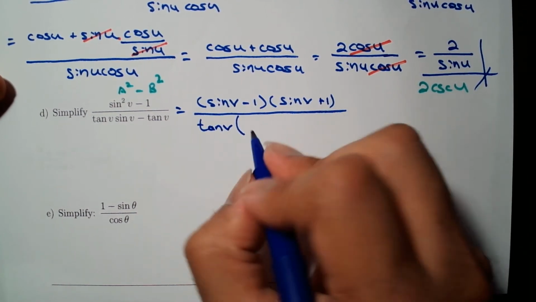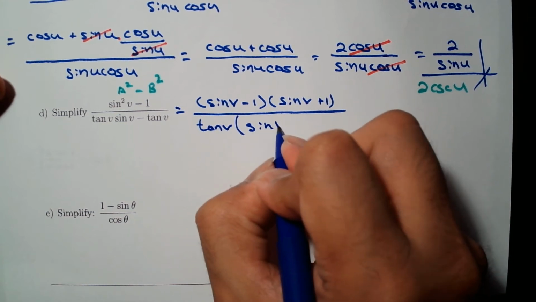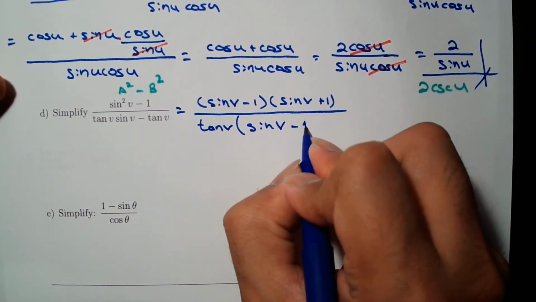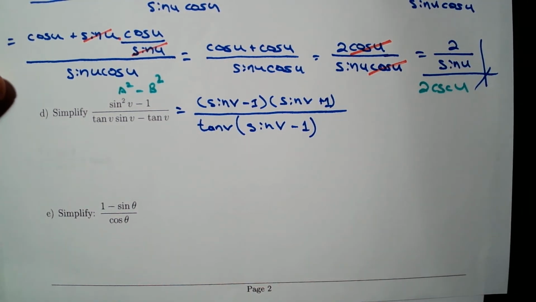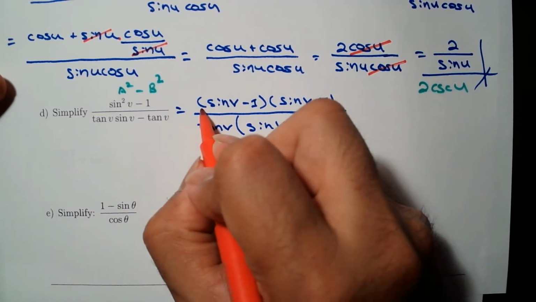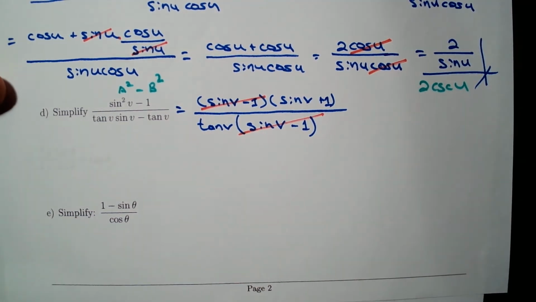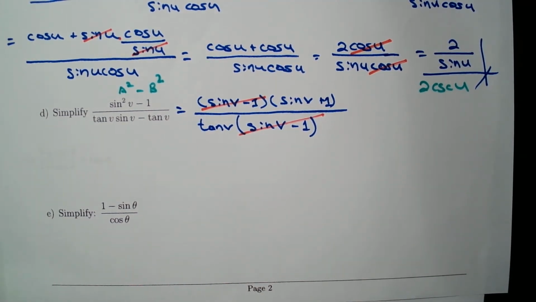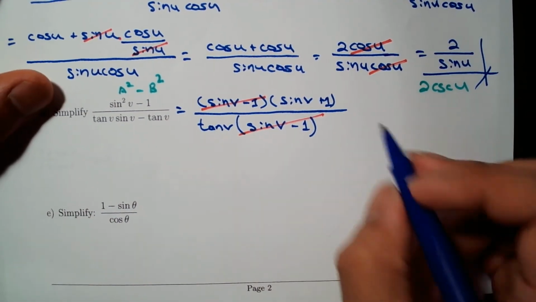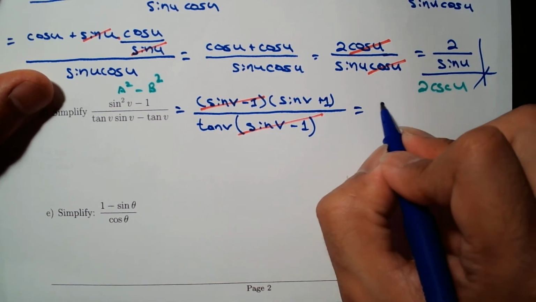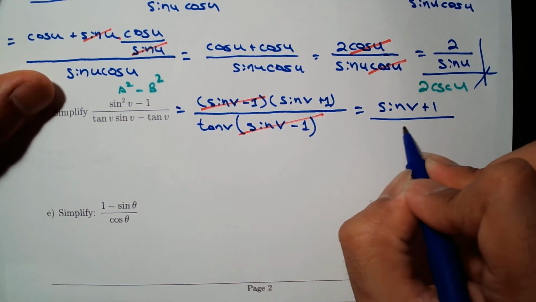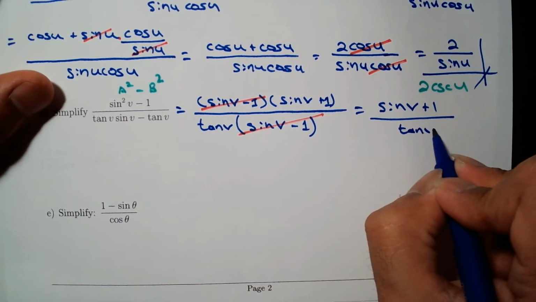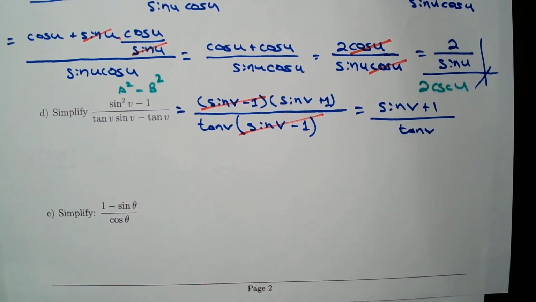Tangent v times sine v minus 1. In this case, we can get rid of these two expressions, and that's going to leave us with sine v plus 1 over tangent v, simply tangent v.